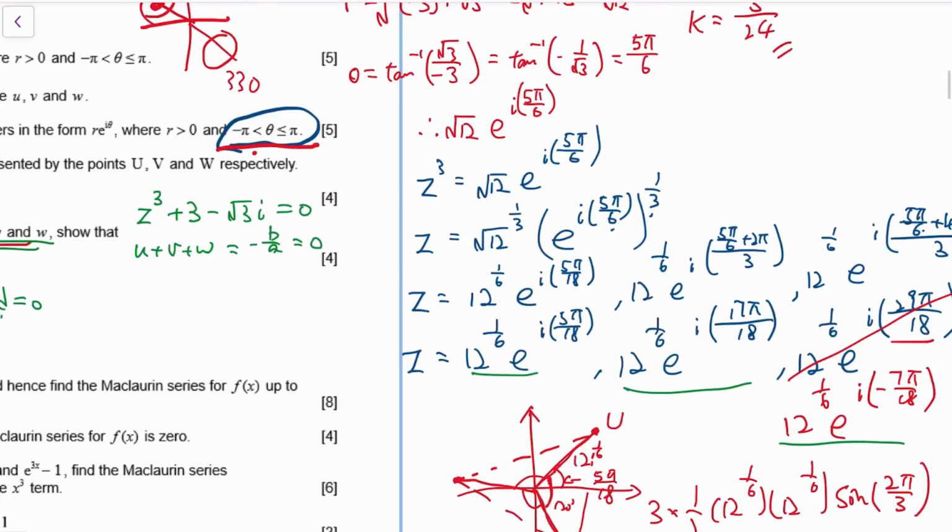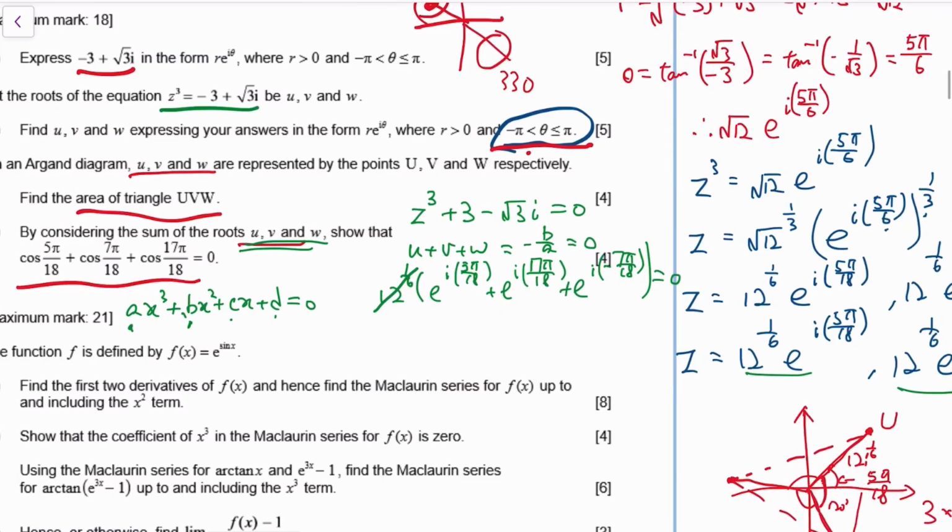So all of them have 12 to the power 1/6, and then you add up the exponents. Equal to 0. Since it's equal to 0, obviously we can divide this away.